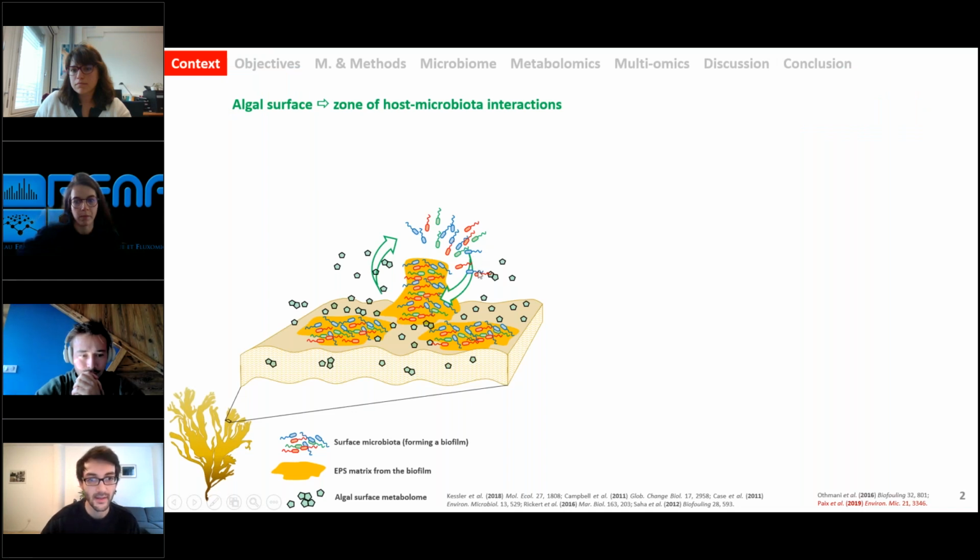The algal surface is the zone of interaction between the algae and the microbiomes. In this microbiome, we can find, like Eva presented, a lot of microalgae like dinoflagellates or diatoms, but also a really high diversity of bacteria.